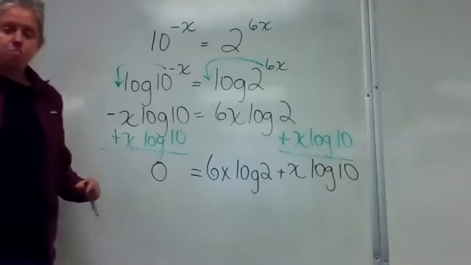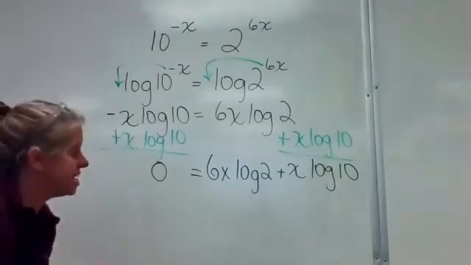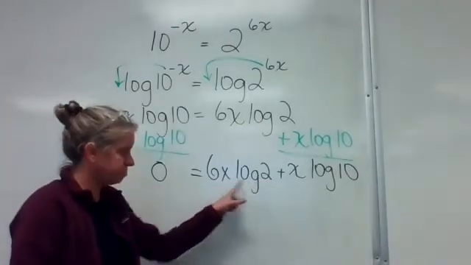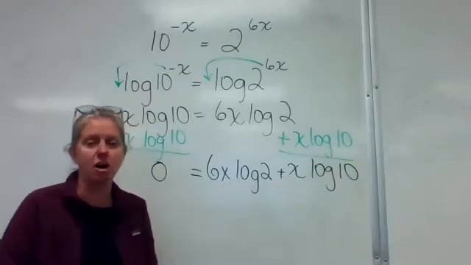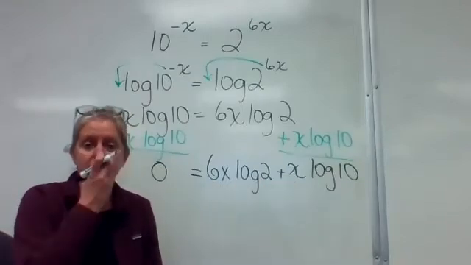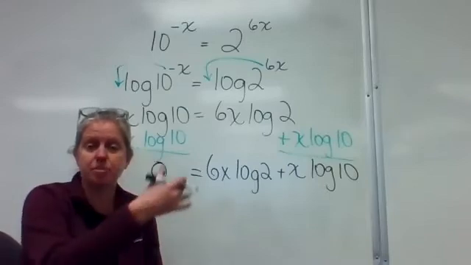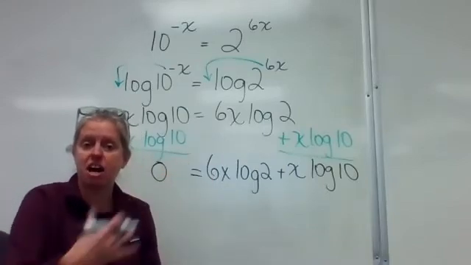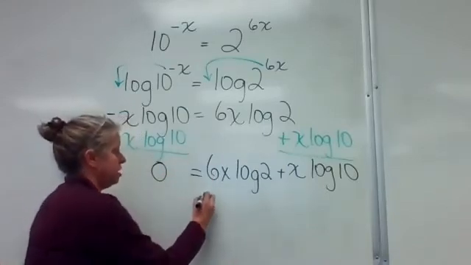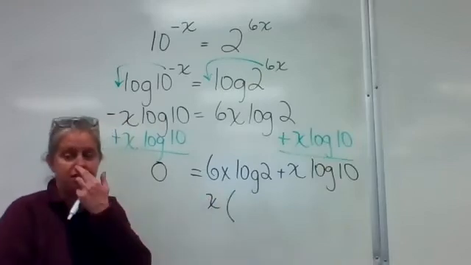So the reason you put these on the same side together is that now they have an x in common. So anytime 2 terms have something in common, you can pull that thing out and then put in parentheses what's left.